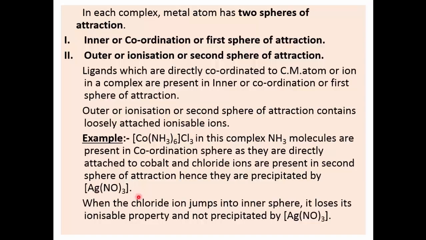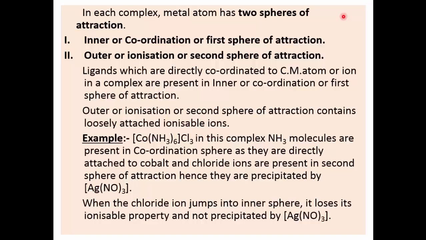Mind well, when these chloride ions jump into the inner sphere, that means they act as secondary valencies. At that time, they lose their ionizable property and are not precipitated by silver nitrate. We have discussed this in structures number 2, 3 and 4. When chloride ion jumps inside the square bracket, it loses its ionizable property and is not precipitated by silver nitrate. So this is very important.